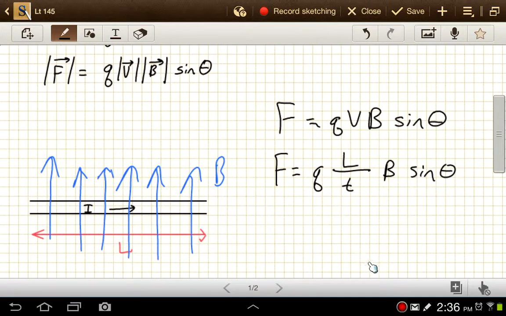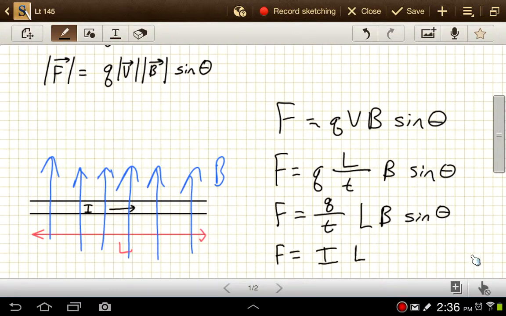Now, if I rearrange this a little bit and write this as Q over t times L times B times sine theta, charge over time should be familiar to us. That's the definition for current. So the force is equal to the current times the length of wire times the magnitude of the magnetic field times the sine of the angle.